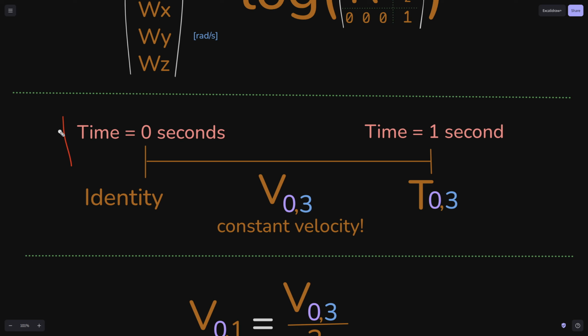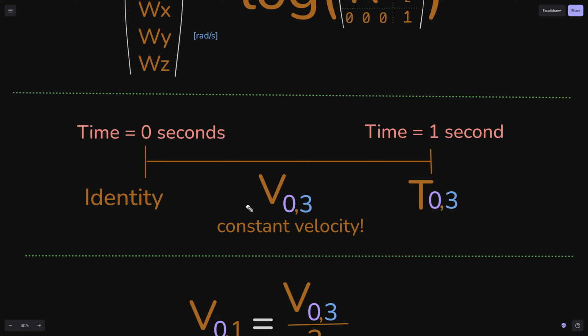So in the beginning, at time equals 0 seconds, we are the identity. Okay, so this is what happens in the beginning. Then we move at constant velocity. Okay, so we will move only at constant velocity, and we will use the Lie algebra. This is V03.